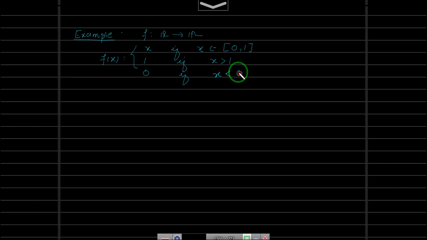Example: f, a function from R to R, and let us define this function f(x) piecewise. It is x if x belongs to the closed interval [0,1], it is 1 if x is greater than 1, and it is 0 if x is less than 0.